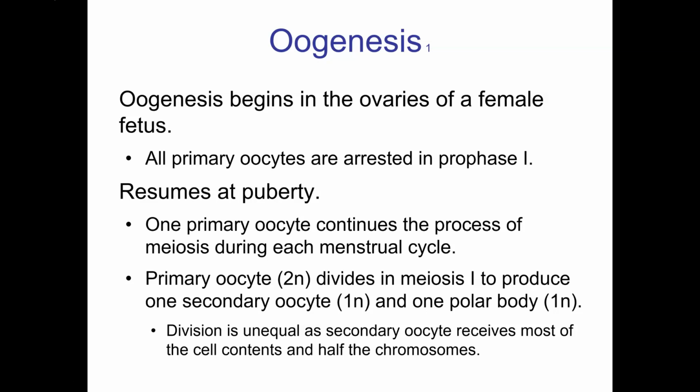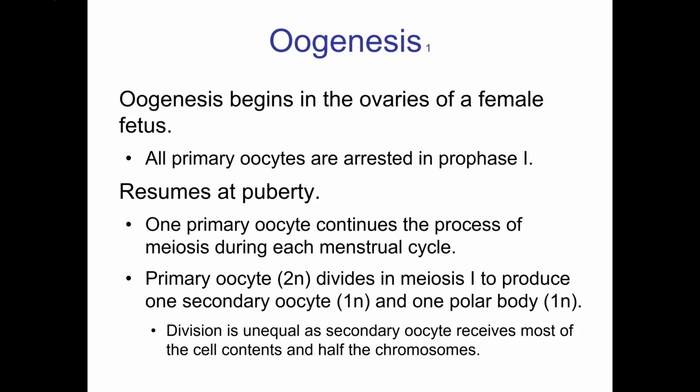A huge proportion of the eggs actually degenerate. So by the time we hit puberty, we only have about 400,000 eggs left. We started with over 1 million eggs, and now we have only about 400,000 eggs left.